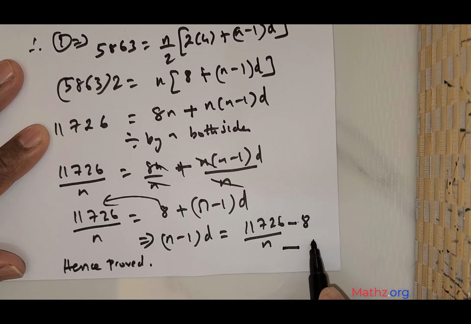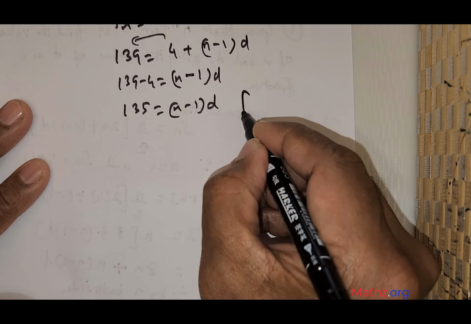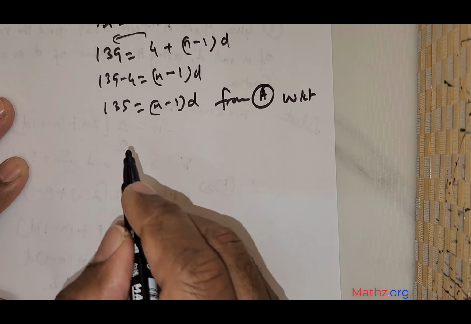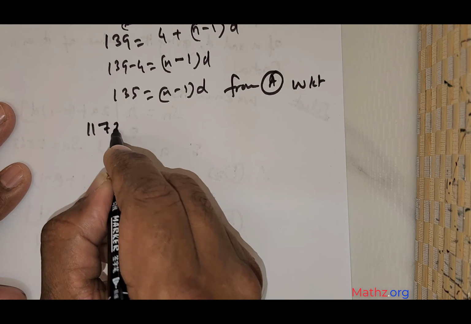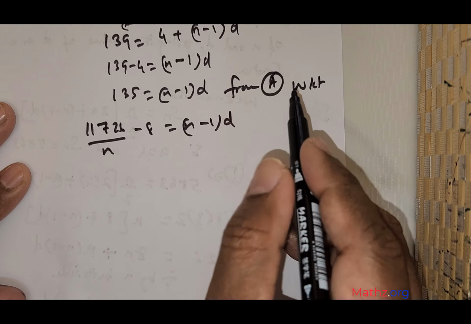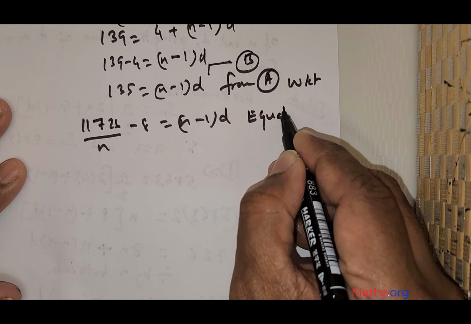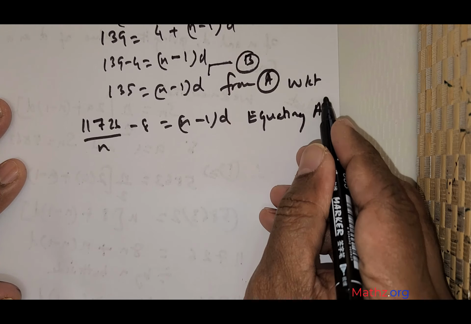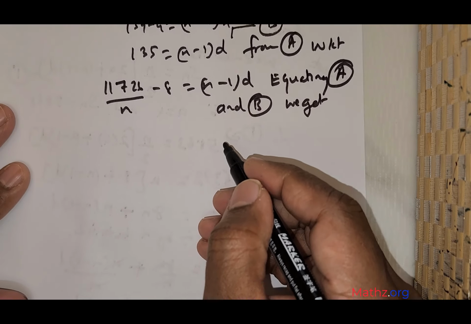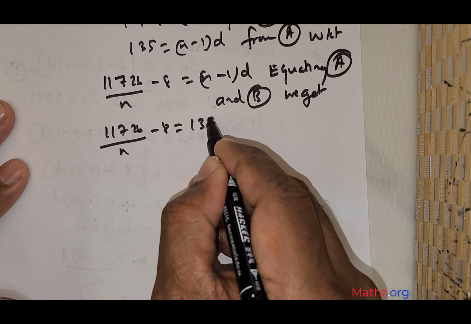If I take this as A, and the previous one as B, equating A and B we get 11726 over n minus 8 is equal to 135.